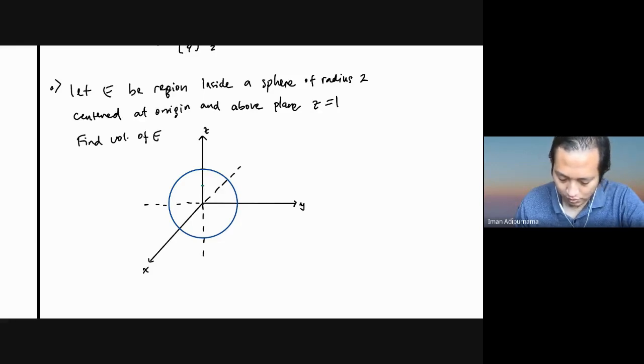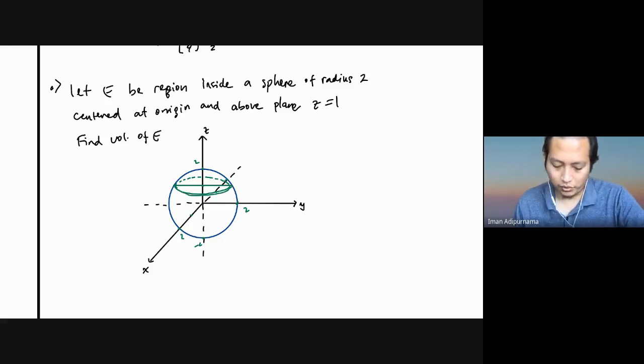Because this is 2, so 2, negative 2, this is 2, this is also 2. Let's say this is 1 here. So maybe I draw a line like that, and because it's a sphere, it will cut the sphere, so I will make it circular here, like that.